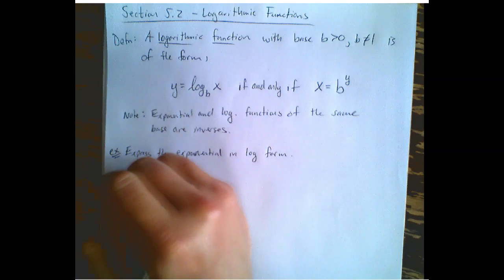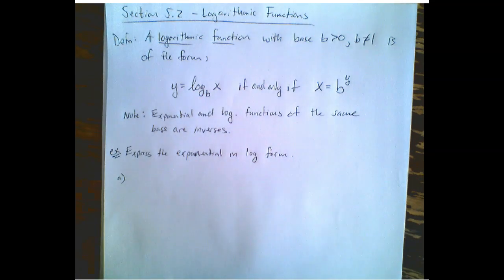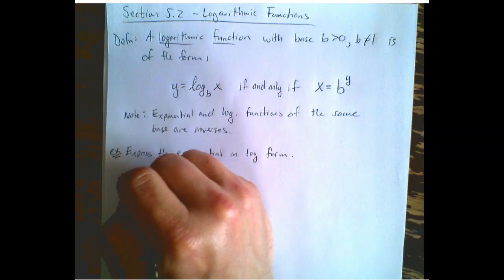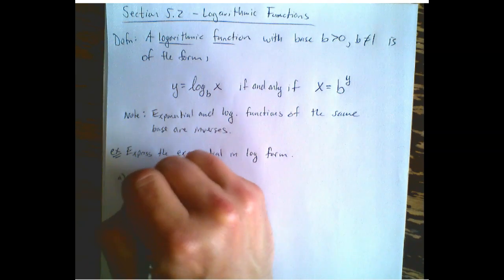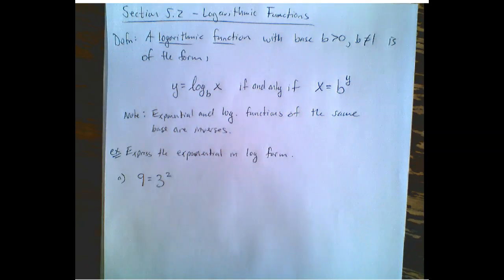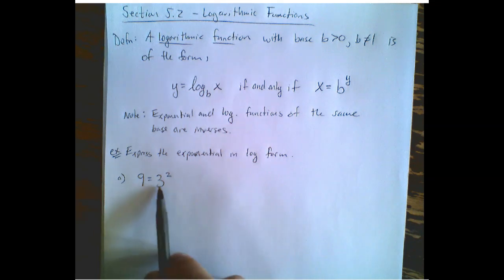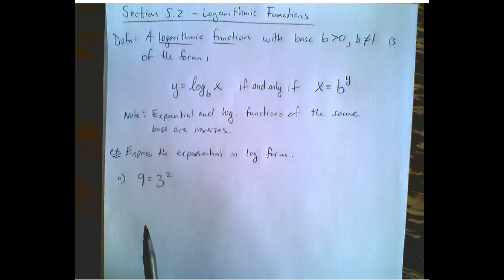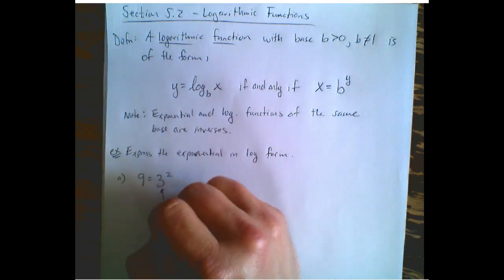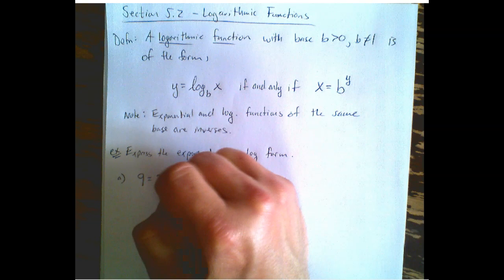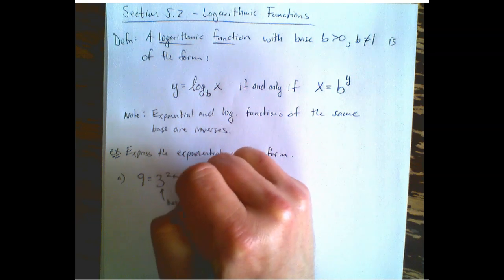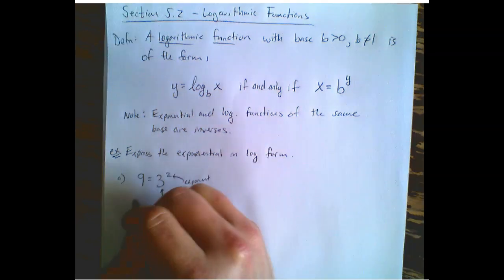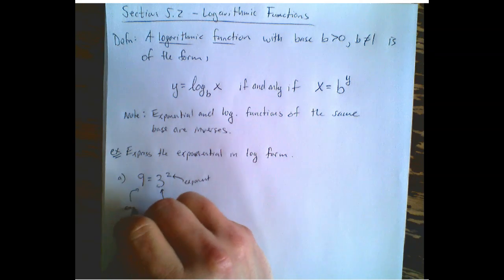Let's start out with a simple one. How about 9 equals 3 squared? That's true, right? So let's say we have this exponential form, or 3 squared equals 9, same thing. Let's identify some values here. 3 is our base, 2 is our exponent, and 9 is, let's say, our answer.